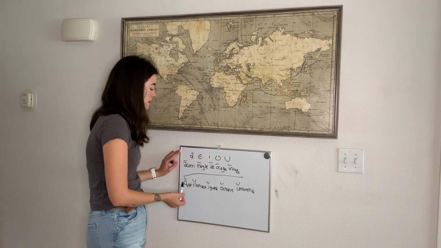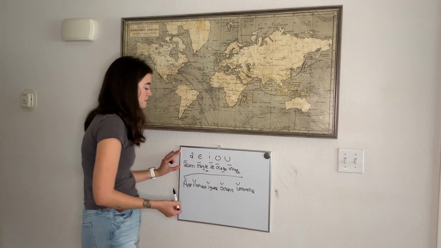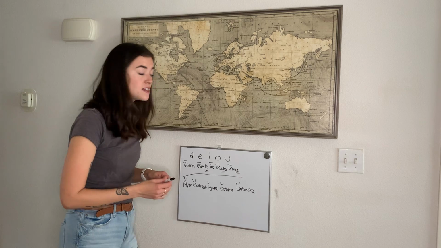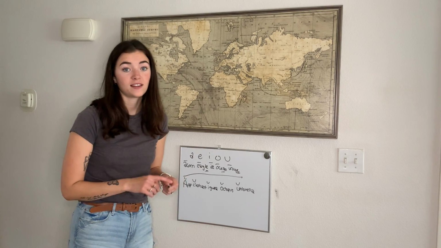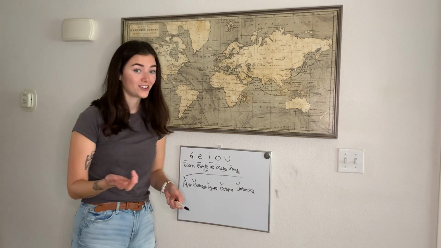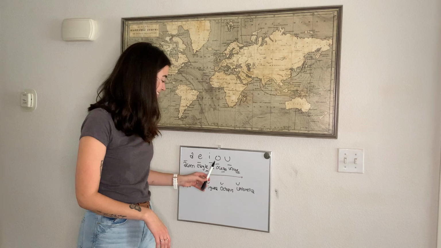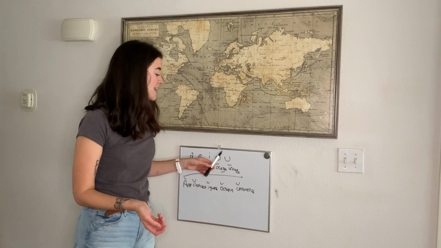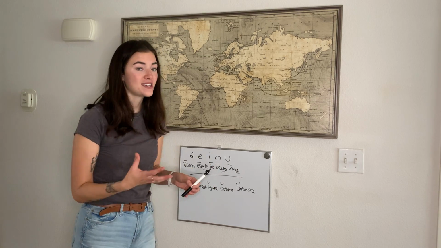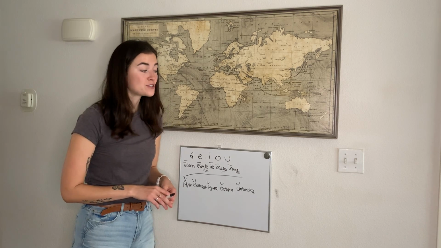So if we have a long vowel, you're often going to find an E at the end of it, or like I said before, if you say the letter, it's going to sound exactly like that. So we have acorn, eagle, ice cream, we can add that in there, ocean, and unique. So these letters are sounding exactly how they look. Those two are going to match up.